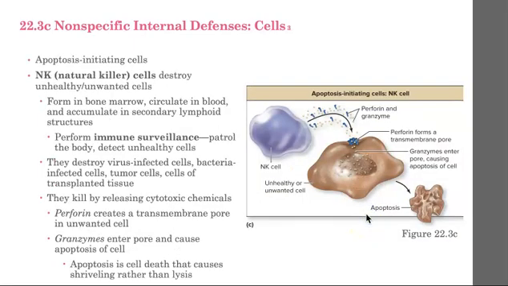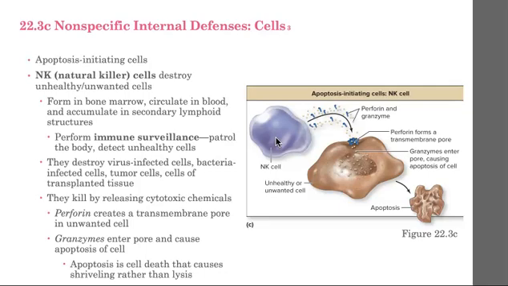All right, next up we have our apoptosis initiating cells. And first up is our NK cells, or natural killer cells, and their job is to destroy unhealthy or unwanted cells. These NK cells first form in our bone marrow, and then they begin to circulate in our blood and accumulate within our secondary lymphoid structures, like we said, the lymph node, the spleen, and so on.